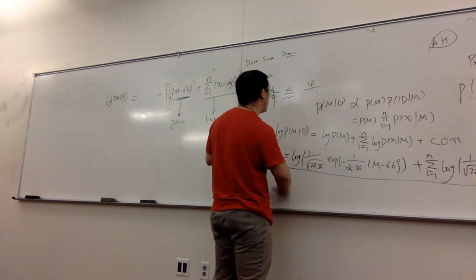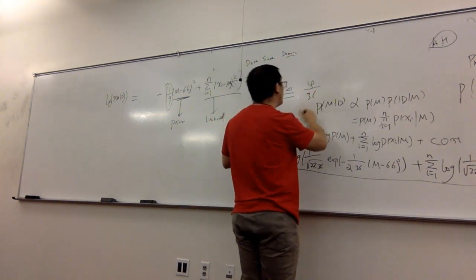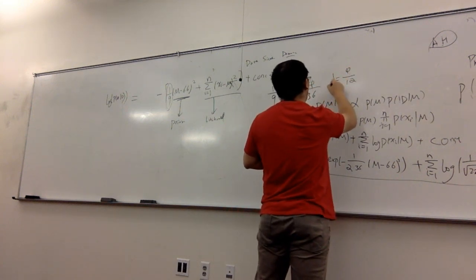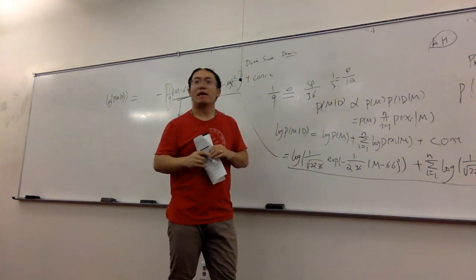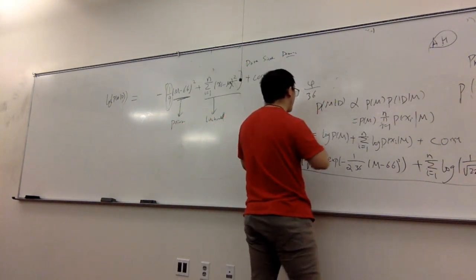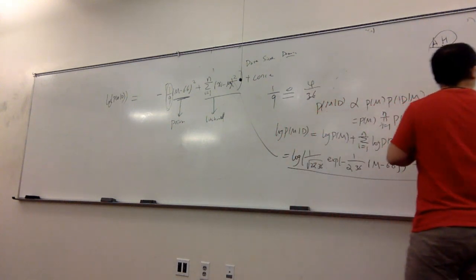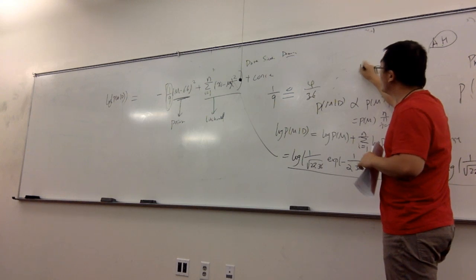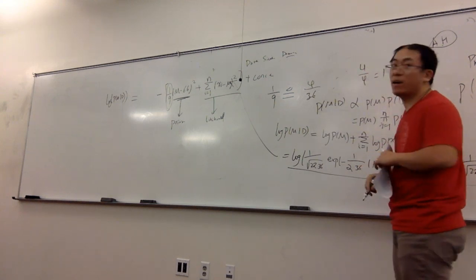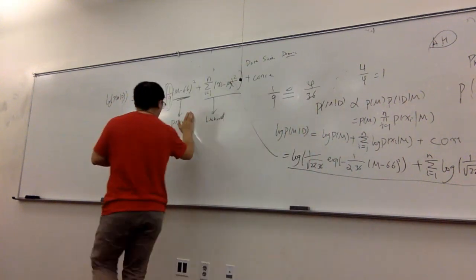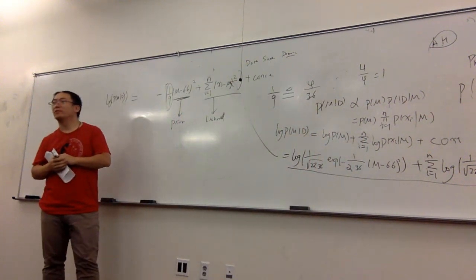If we decrease the variance of the prior to 12, then the weight becomes 1/3. If we decrease the variance of the prior to be exactly the same as the variance of the likelihood, that is 4, then the weight will be 4/4, which is 1. In that case, the prior is equivalent to one single data point.